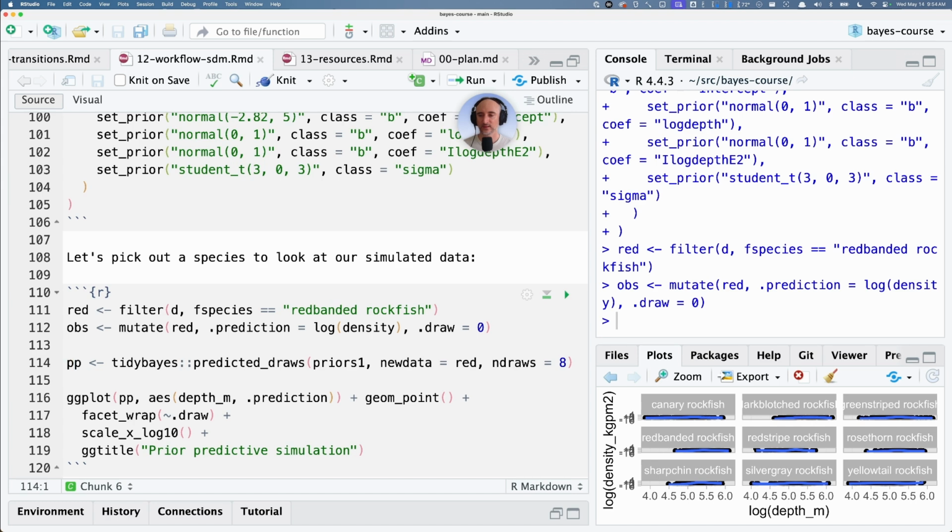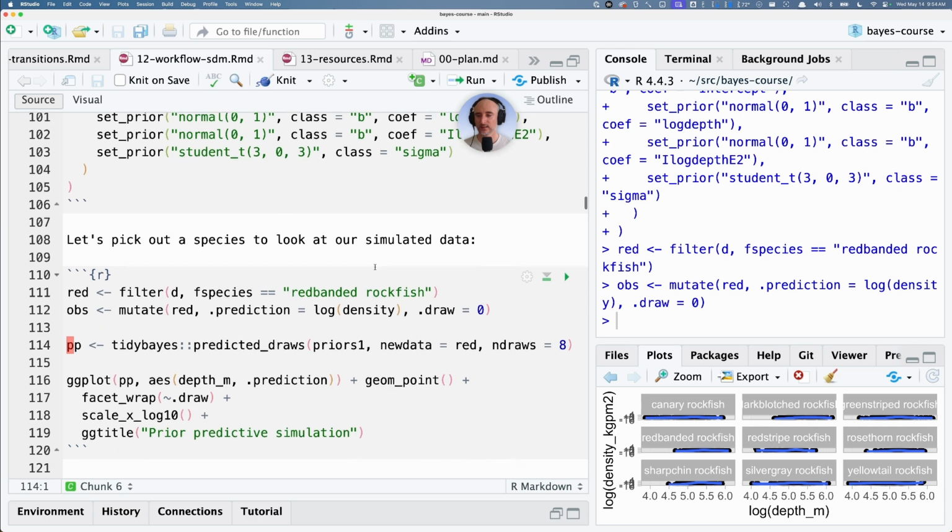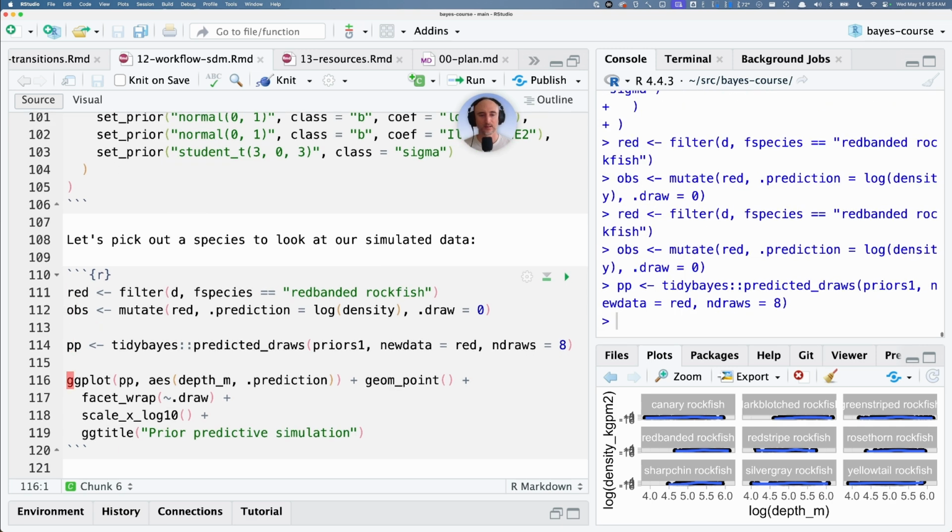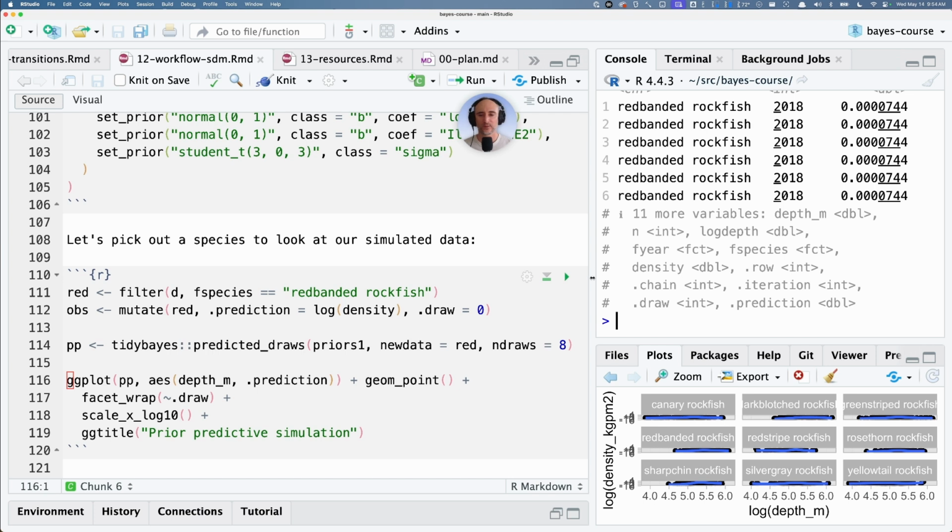So let's look at what we just did. What I've done is filter my data just for red-banded rockfish. I'm just going to pick out one species to make this easier to think about rather than thinking about all the species all the time.